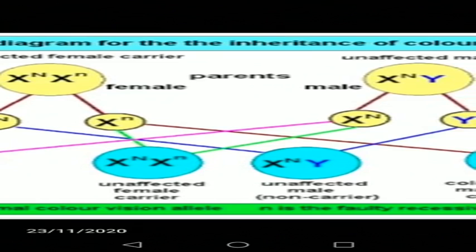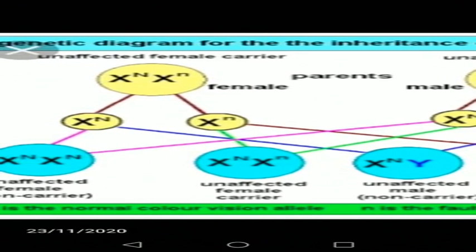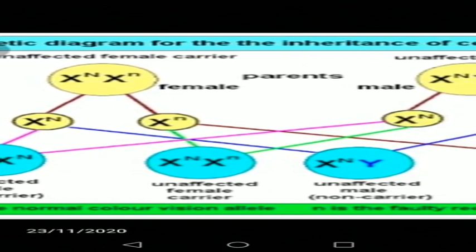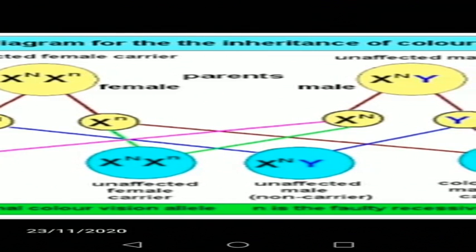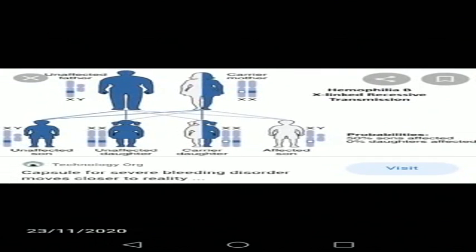Just go through this topic. Today we have discussed inheritance of X-linked gene. In that, we have seen what hemophilia is and who discovered hemophilia, John Cotto, in 1803. Next we have seen what color blindness is.